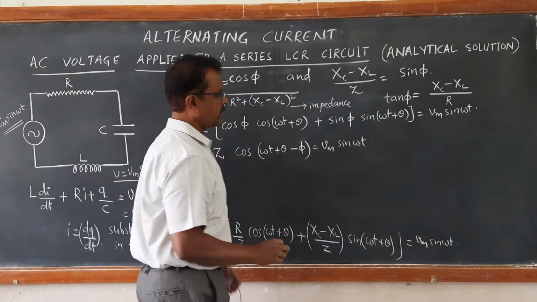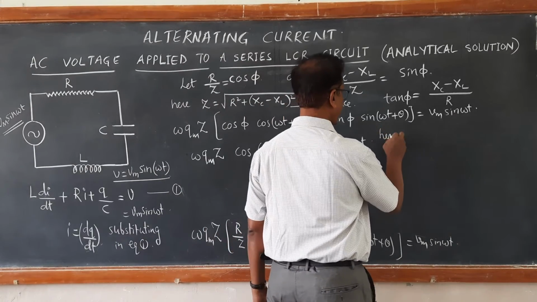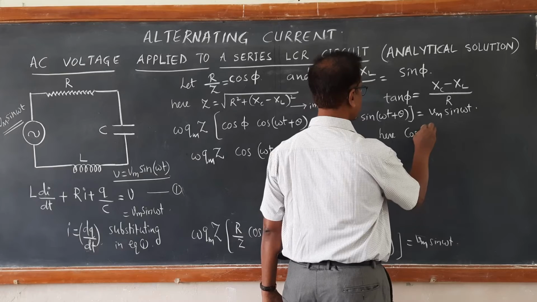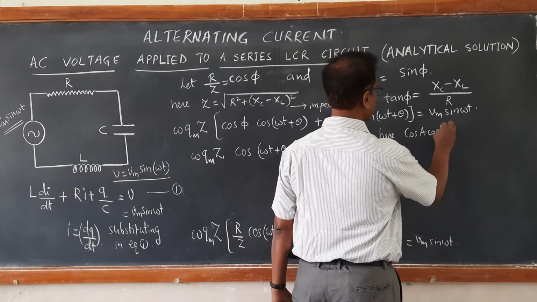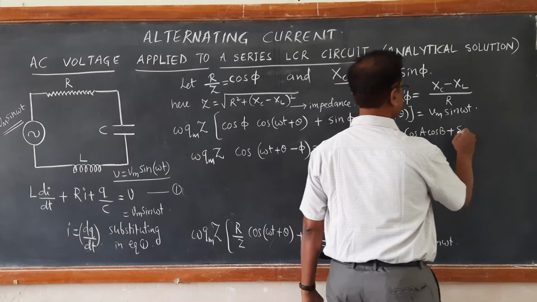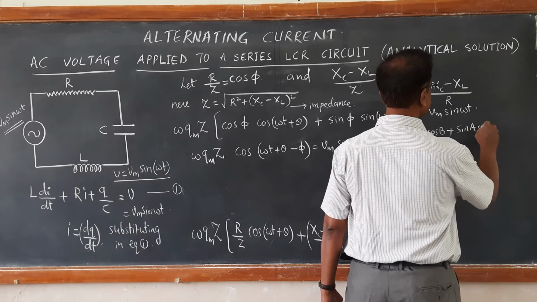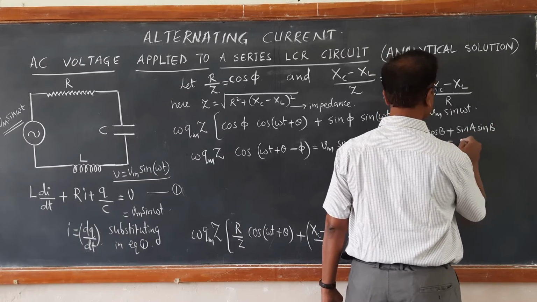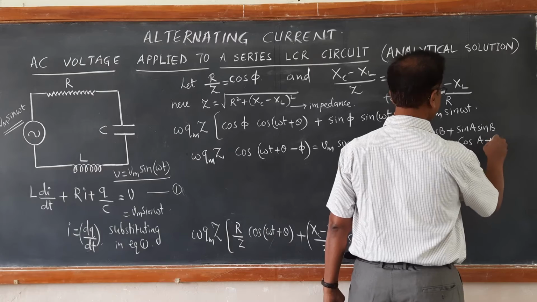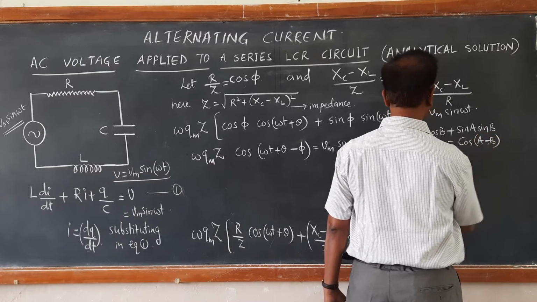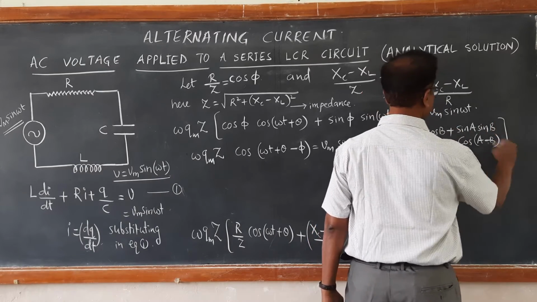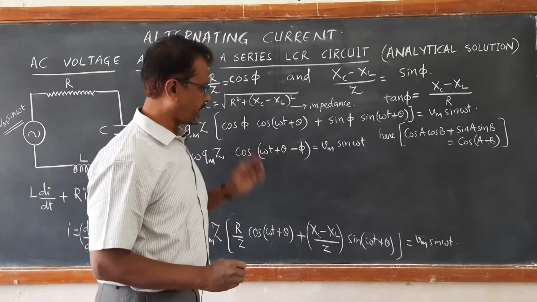So we have used the trigonometric identity here, cos A cos B plus sin A sin B equal to cos(A minus B).